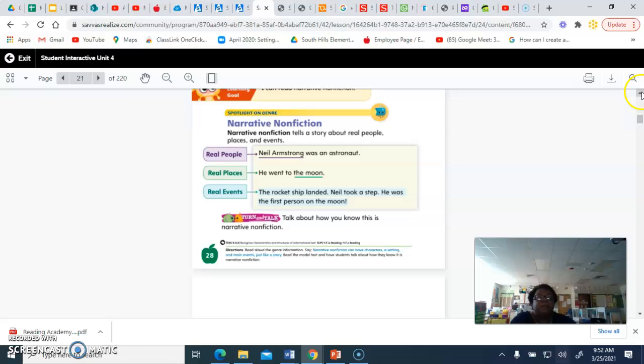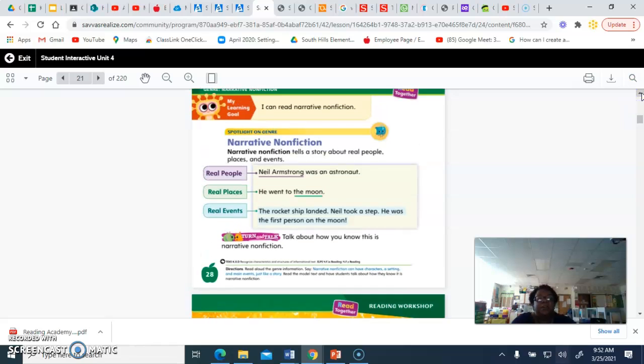And then this week we're working on narrative nonfiction, and it's books about other people. It'll have characters, it'll have places, things that happened. And so nonfiction tells a story about real people, real events, real things that happened.